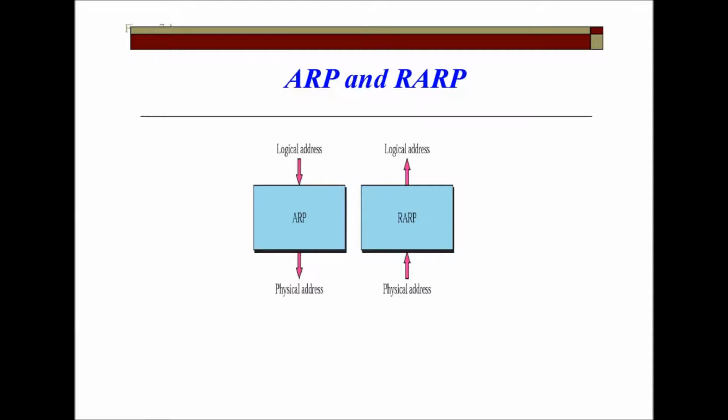MAC stands for Media Access Control. This address is of 48 bits. 24 bits are used for hardware manufacturer identification and 24 bits are used for unique identification of that LAN card.